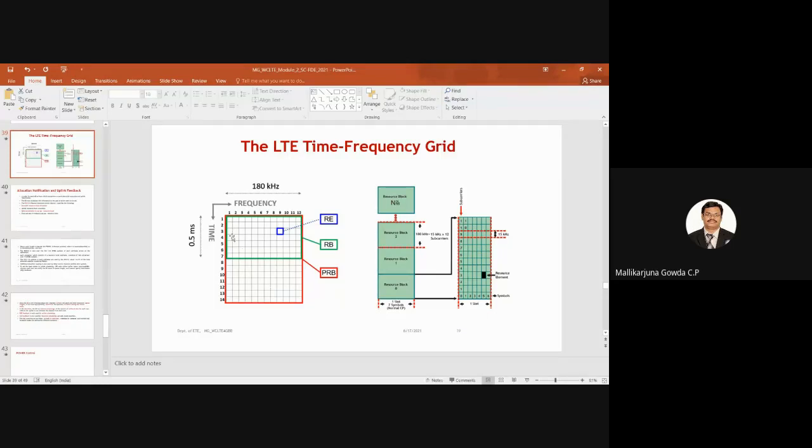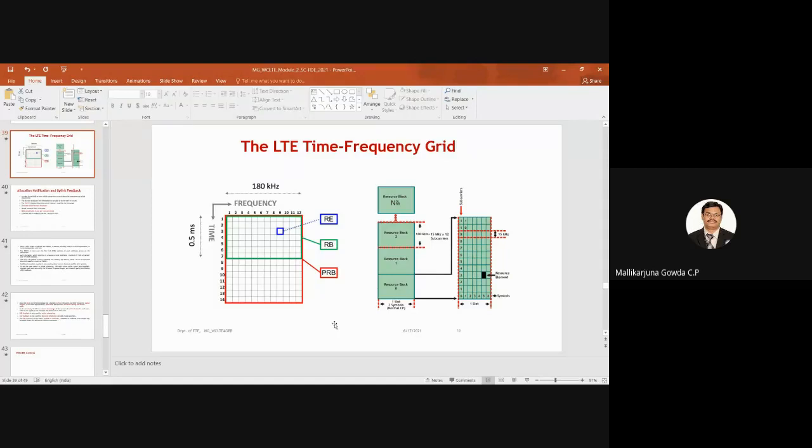As I said, is it possible from your end to say what is a resource block and what is a resource element? Yes, any one of you, can you say what is a resource block? Yes, I am asking you people only.